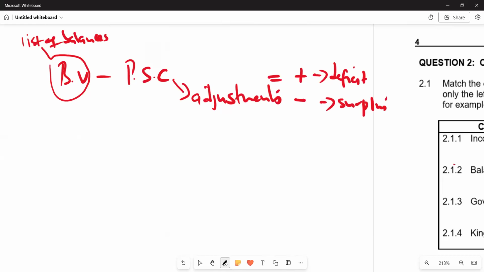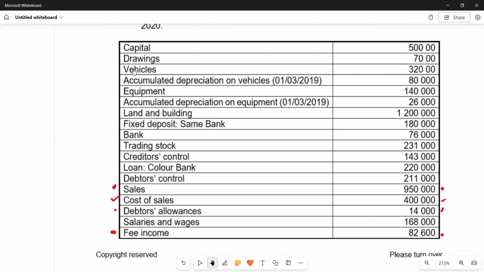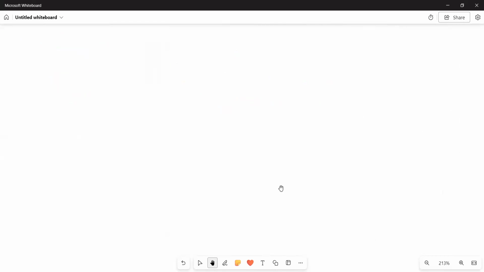So we do a search now. We go to check the book value. We go to the list of balances, and then we see that the figure that we have there for trading stock is 231,000. So we go back and try to see.